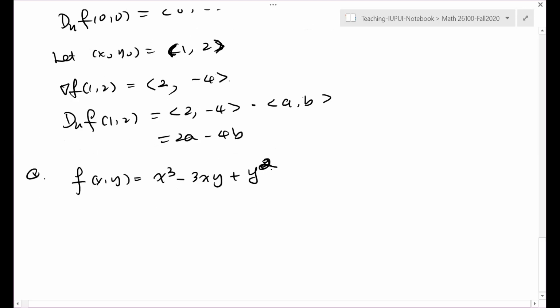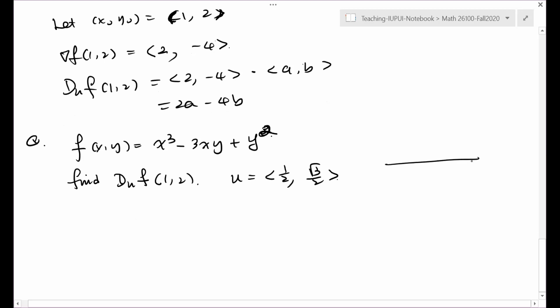We want to find the directional derivative at the point (1, 2), in the direction of a unit vector, which is (1/2, √3/2).